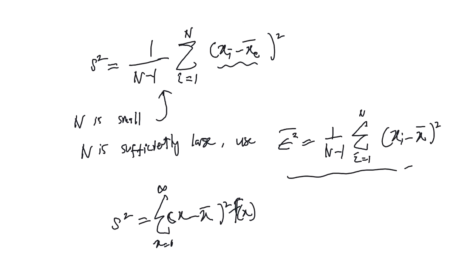If n is small, we consider residual instead of deviation. When n is sufficiently large, theoretically it is valid to calculate the variance using deviation instead of residual. And variance is the average of deviation, so it is the first moment of the PDF with the squared deviations.